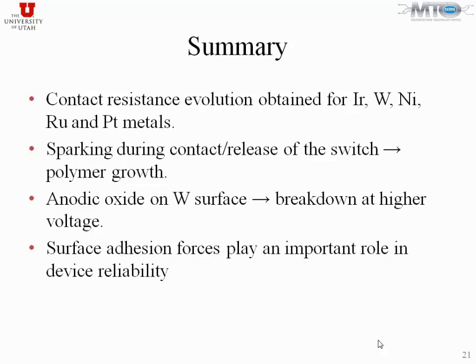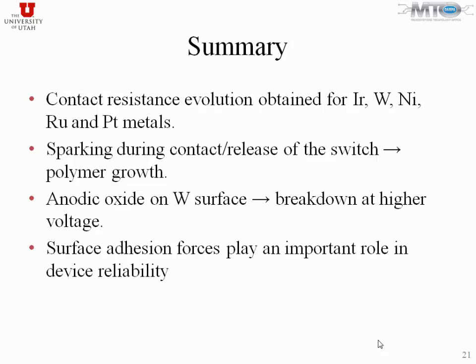So in summary, I looked at contact resistance evolution and showed that in some cases you get anodic oxidation and its subsequent breakdown, and that can give rise to noise in the current and reliability issues in the contact material. And sparking or microplasma in combination with stuff that we have around the material can cause polymeric growth on your electrodes.